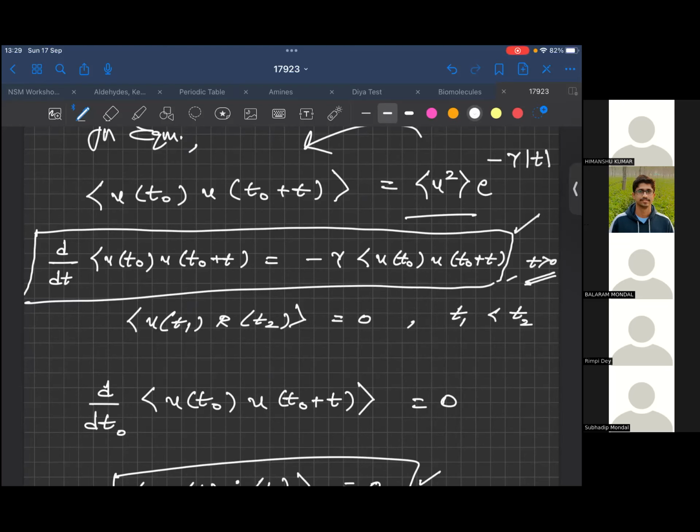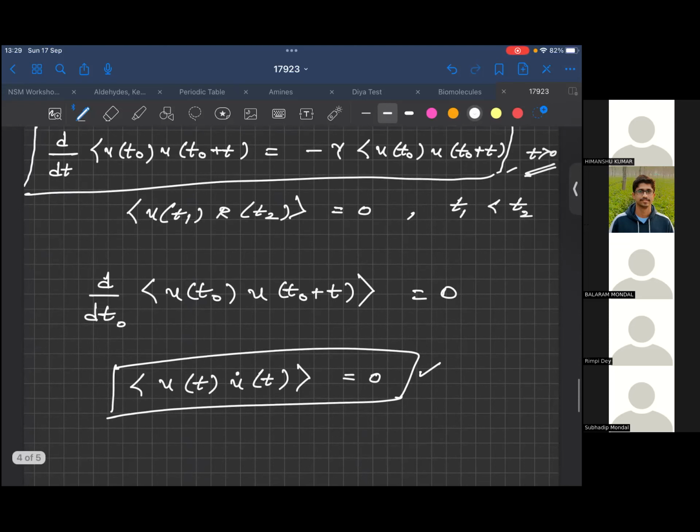Actually, for your stationary delta correlated noise and for a Markovian process, what is the expression of the fluctuation dissipation theorem you get? If you take your physical observable as R, it's going to be R T0, R T0 plus T, and then 2 pi G of R delta function of T1 minus T2.